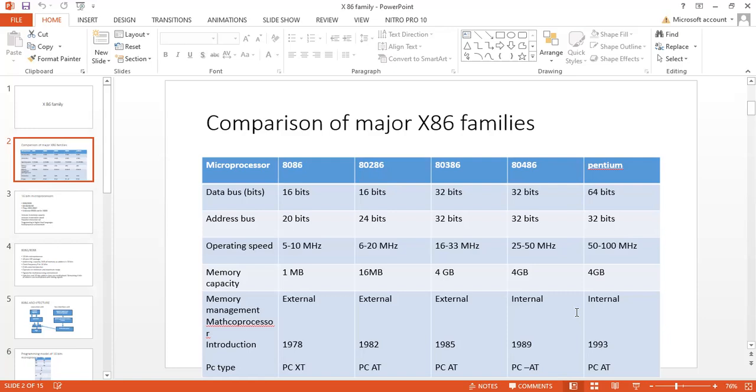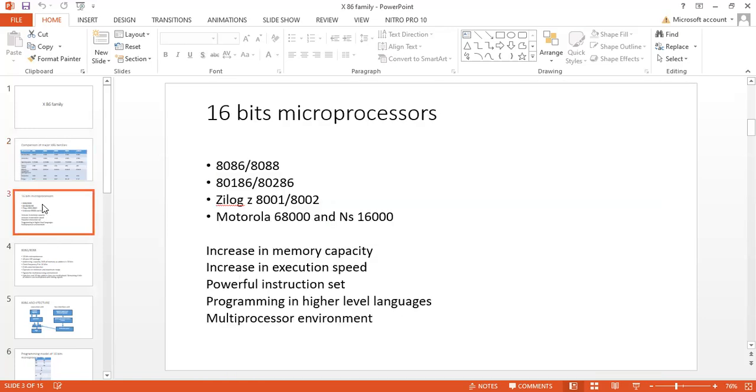So usually they can ask you about the 8085, 8086 features, or they can ask you about the architecture of 8086 or 8088. It is the same.